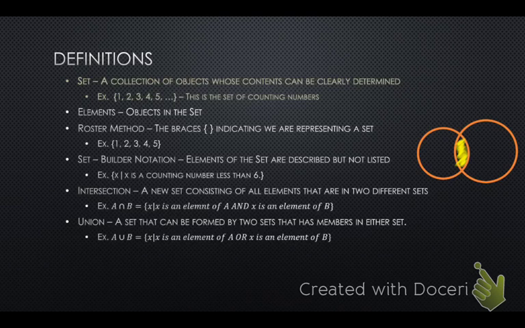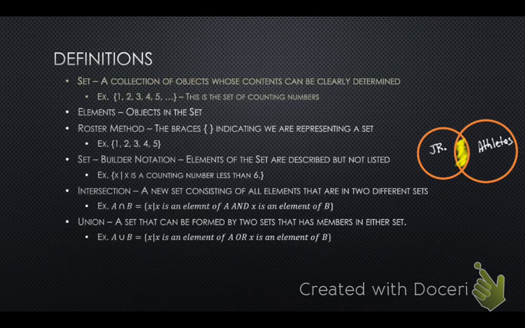So if these are juniors and these are athletes, the part in the middle is the intersection, where you're both a junior and an athlete.